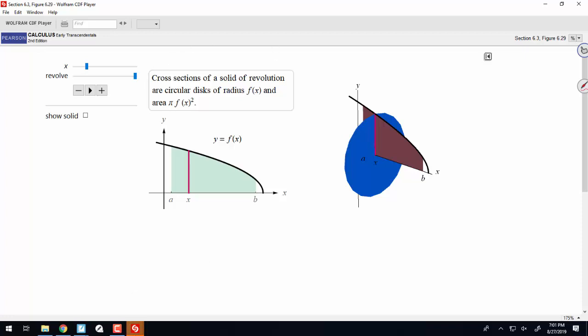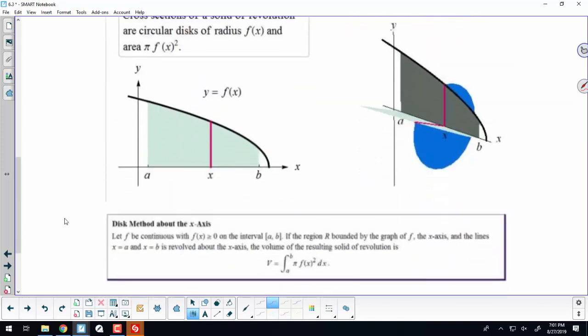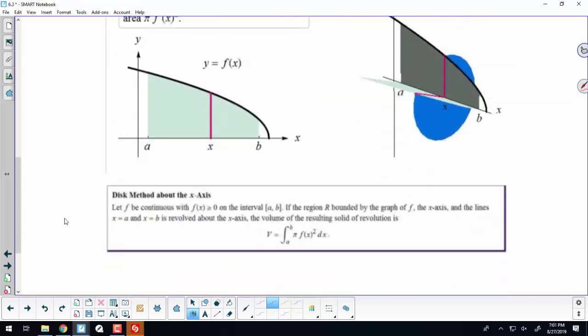Okay, so that's what we're dealing with, and we're going to put that together with what we just talked about with the area of the cross-section. The idea is that we've taken this rectangle, we revolved it, and what it has generated is a circle, or here referred to as a disk. So how do we find the volume of that figure?